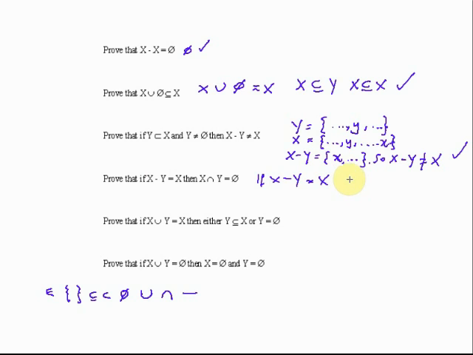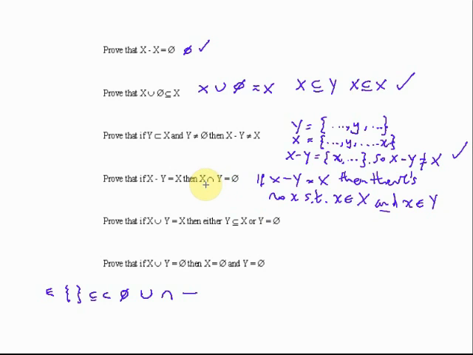And if there's nothing, then there's no x such that, I'm going to abbreviate that, x is a member of x and x is a member of y.